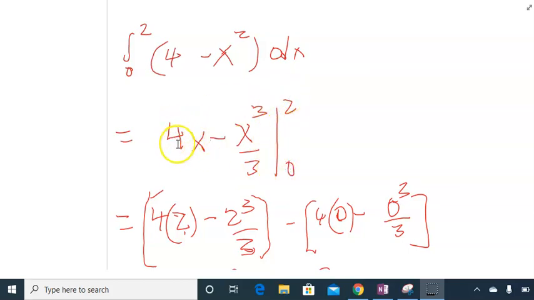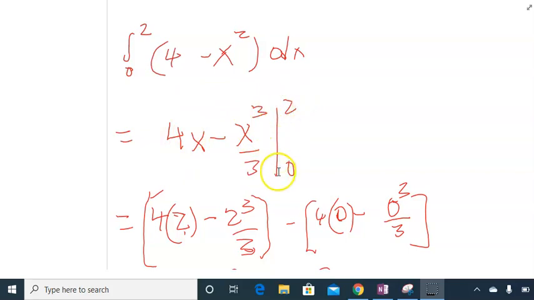Now this 4x minus x cubed over 3 is the antiderivative of 4 minus x squared, based on the power rule that we knew. The bar to the right, 0 to 2, are just your limits of integration, which we had previously. So this is the way that we write it after we have taken the antiderivative.